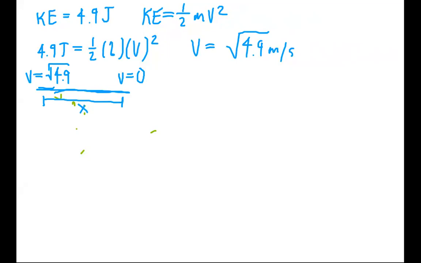We don't need time, which narrows down our choices for the equations. I believe the best one we could use would be the velocity squared is equal to the initial velocity squared plus 2 times the acceleration times displacement. However, we don't know the acceleration or the displacement, but we're trying to find the displacement. So we need to figure out the acceleration before we can go any farther.